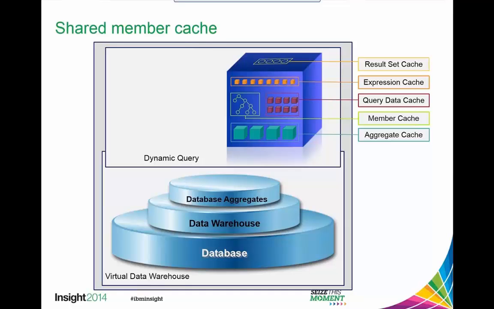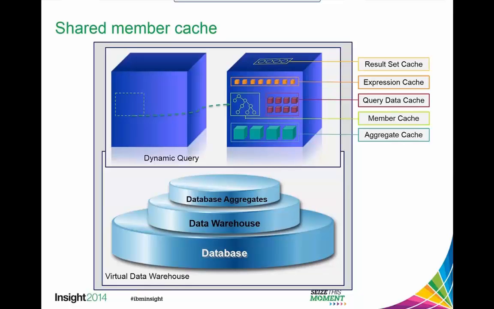This means that each shared dimension is only published once in the caches, regardless of how many cubes reference it. For example, if I were to start up a second cube that does share some of the member cache, it's really fast. It's super fast. All it does is reference the cache that had been created by the first cube that went through here.